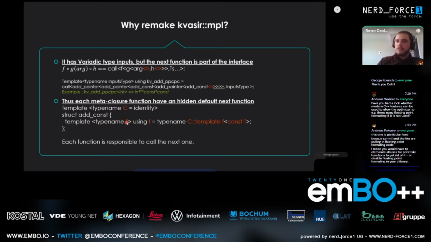So this T is the input, and you call it like that, which is not very pretty, but there's some function to simplify how to write it and how to use the type traits, basically with templates. So now if you had cons, we say typename C template F cons T. So the next function, which is C, receives cons T, and then the next one and the next one does the same thing. So yeah, that's the basic of Kvasir.